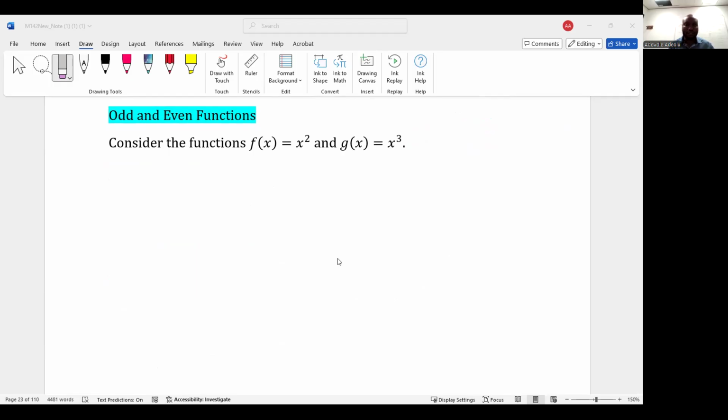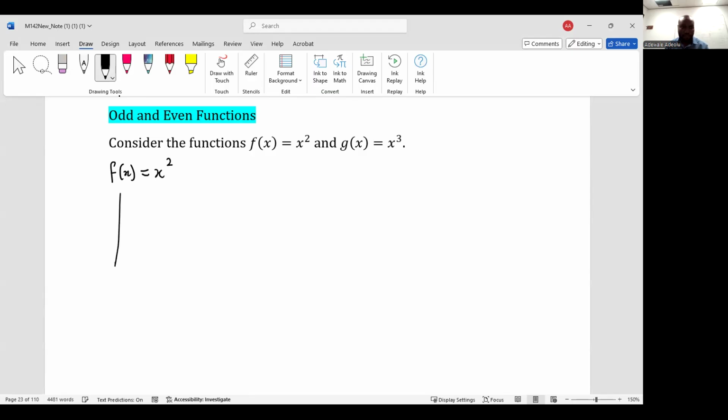So, consider the functions f of x equals x squared and g of x equals x raised to power 3. Let us start with f of x equals x squared.